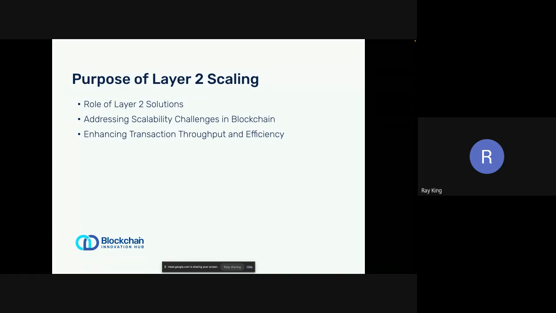We also have the consensus mechanism. For example, remember we said for proof of work, people have to solve puzzles. So that also can affect the transaction throughput. There's also hardware and infrastructure. So we have different factors that can affect the transaction throughput of a blockchain. Please, I would like us to take note of that.